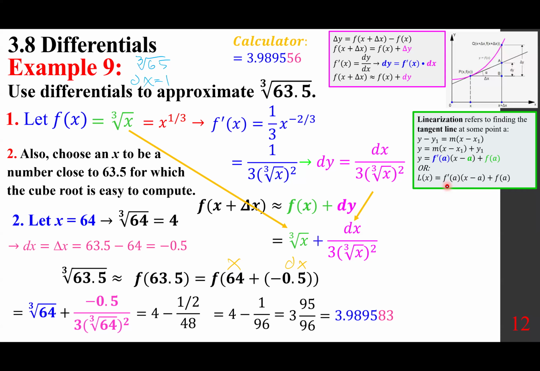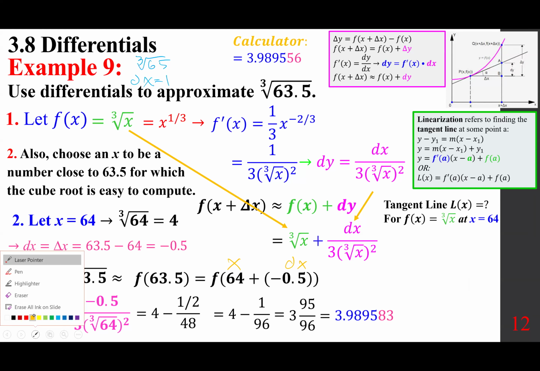So if you want to find the tangent line, or L of x, what is your function? Your function f of x is cube root of x. At what point? At x equals 64. We need a pair. We need the slope. What is the pair? You just plug in.